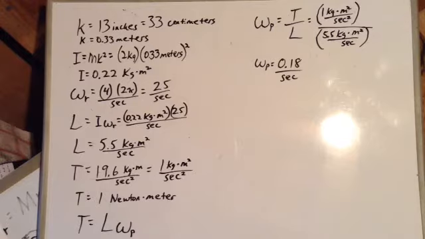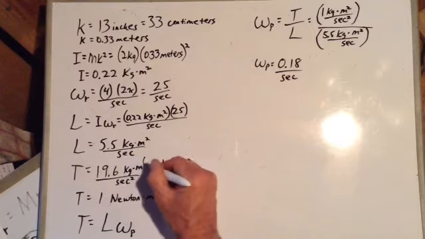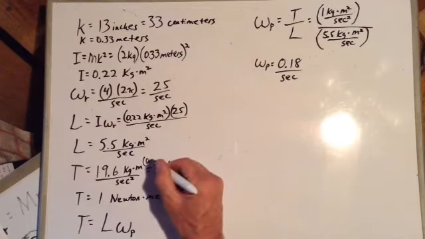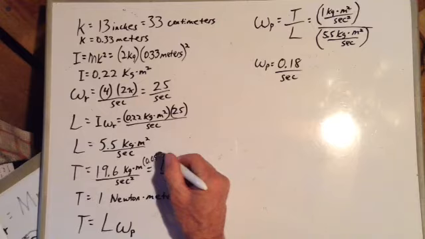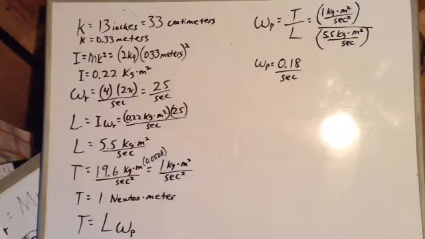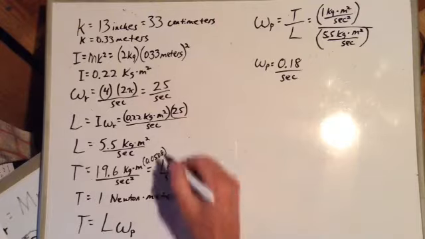So our gyroscopic torque is 19.6 kilogram meters per second squared times 0.0508 meters.